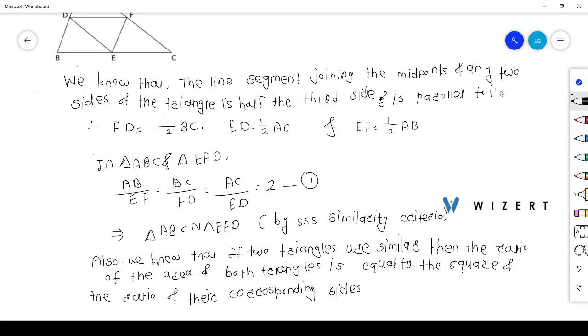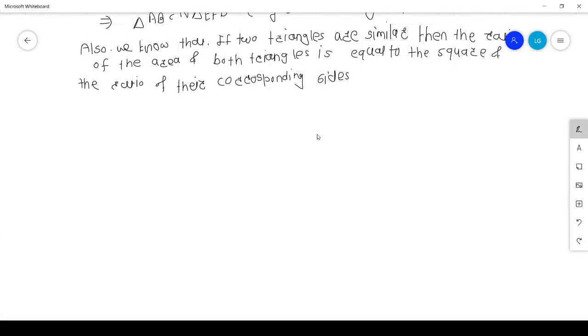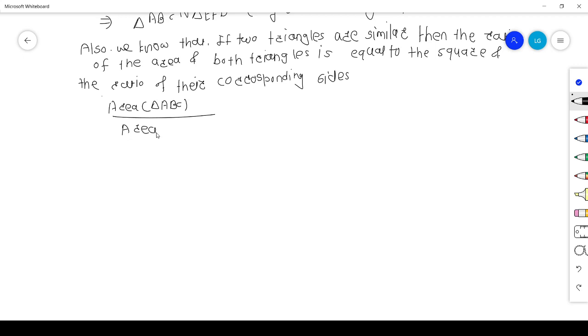So here we can check, the area of triangle ABC to the area of triangle EFD is AB upon EF whole square, or AB square upon EF square.